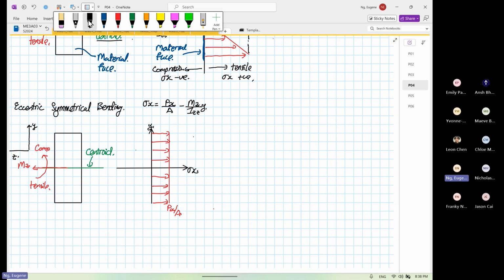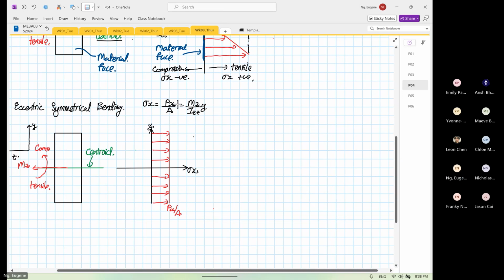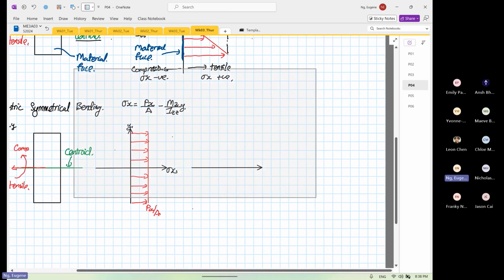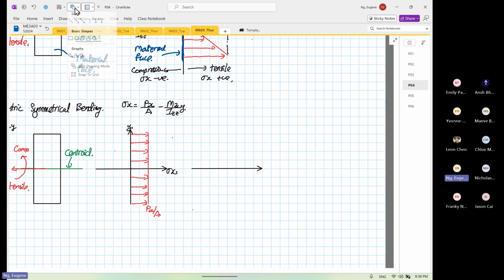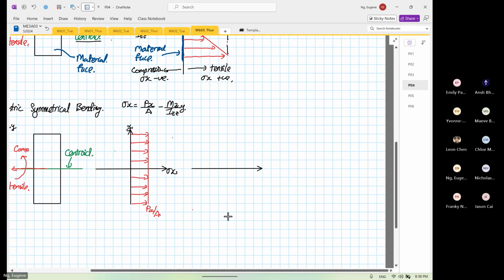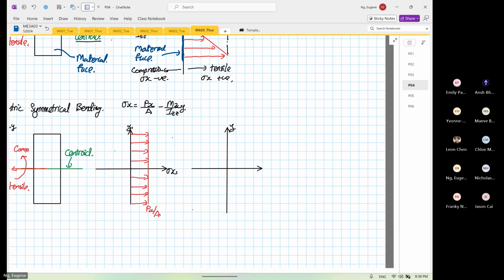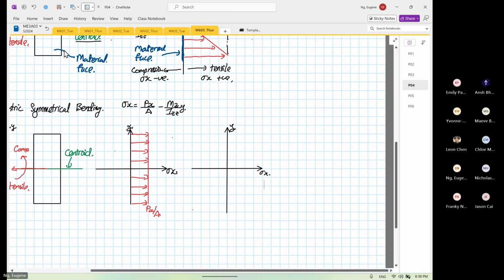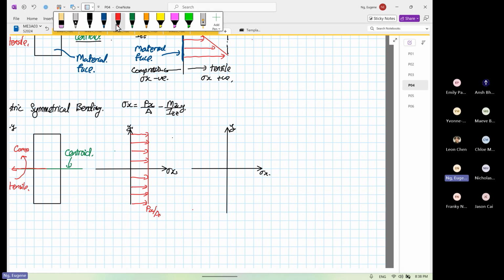Then the next graph that I'm going to sketch. So again, I think I have enough space. And then we draw y and stress x. And because it is compression at the top, I'm going to sketch our distribution.